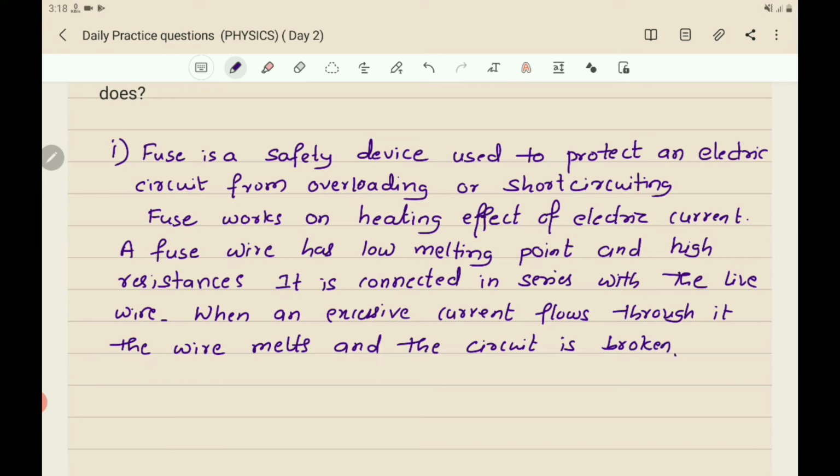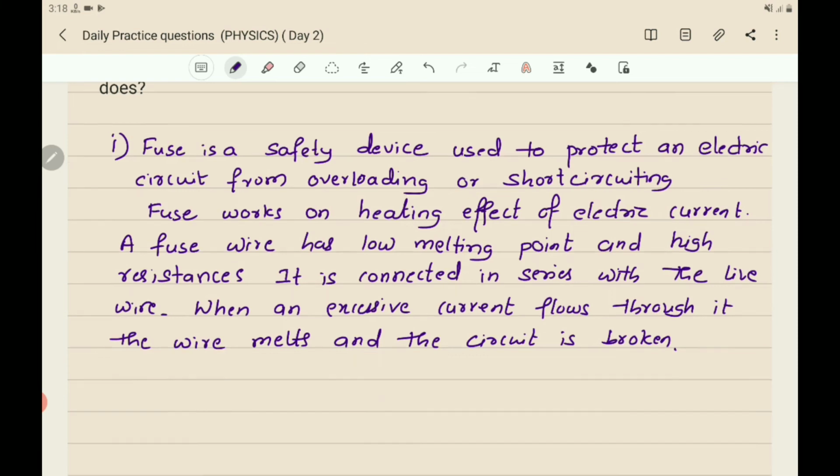The electric current stops flowing immediately.